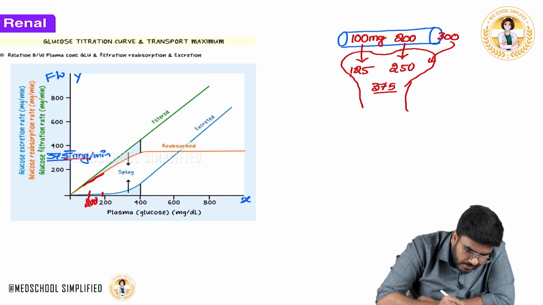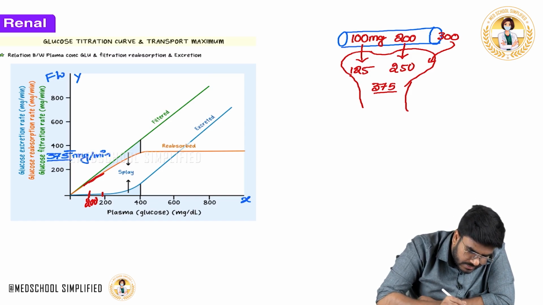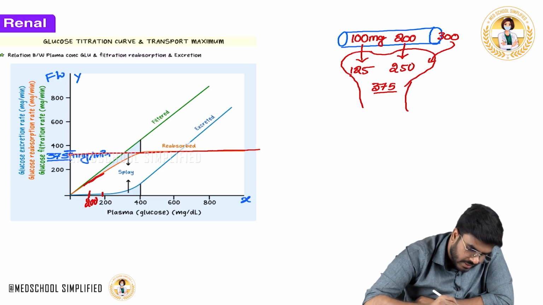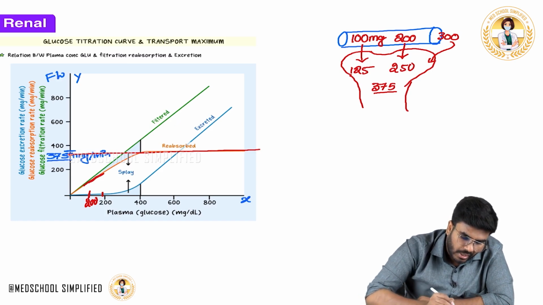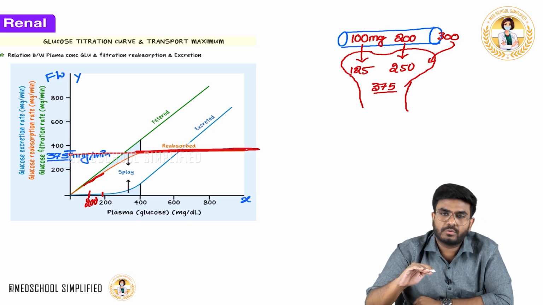Please look here, after this value, I should actually draw it a bit more. At 375 milligrams filtered load, there is no further reabsorption. Reabsorption is not increasing; the reabsorption curve got flattened.